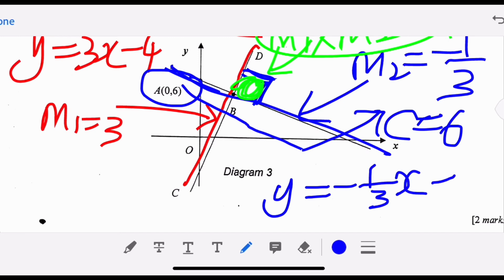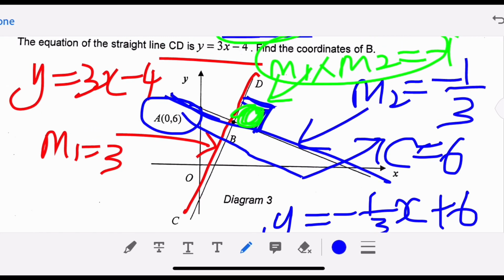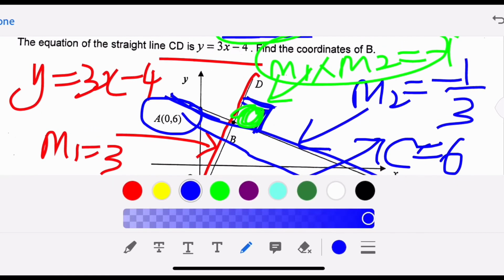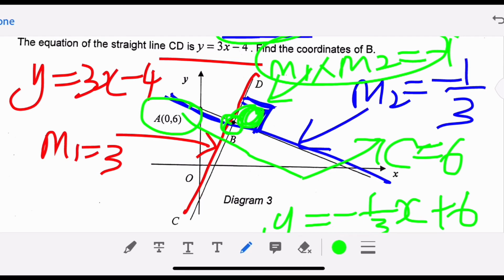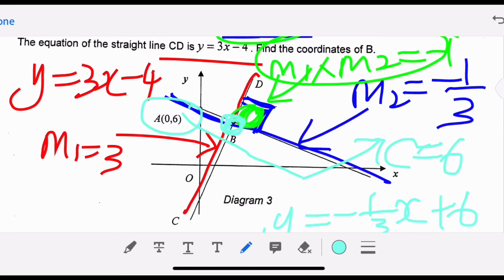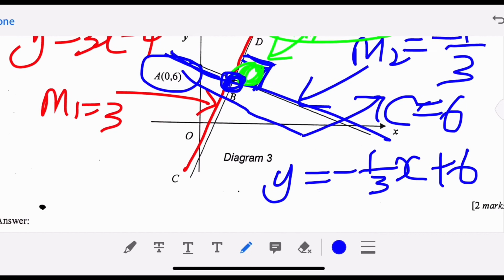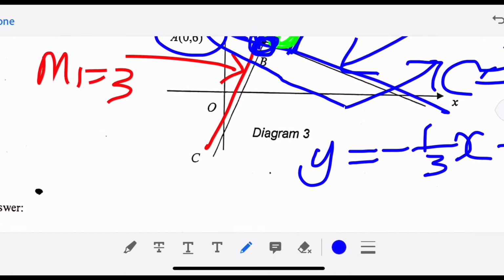The point where the line cuts the y-axis is called the y-intercept. That means C is 6. So my blue line equation can be written as y equals negative 1 over 3x plus C.